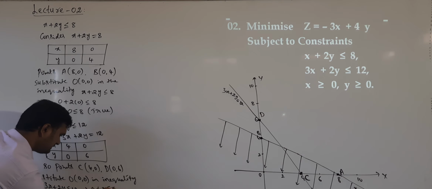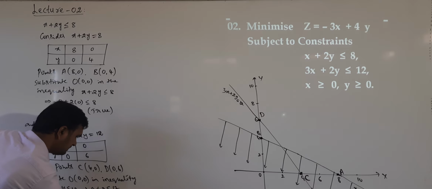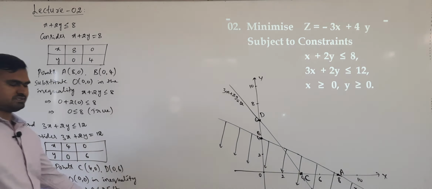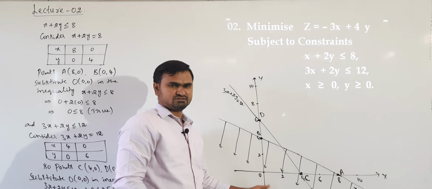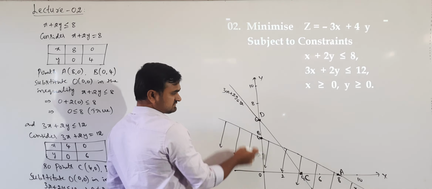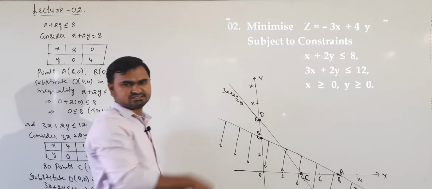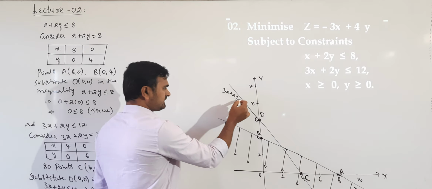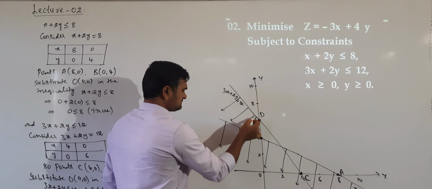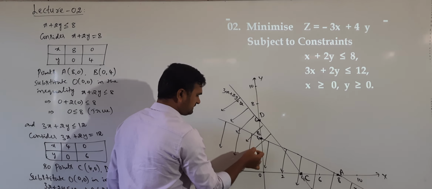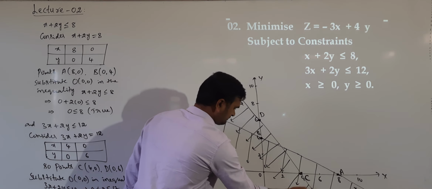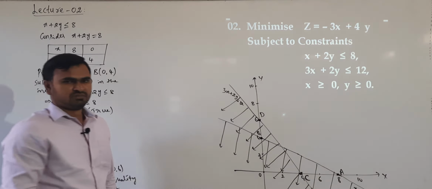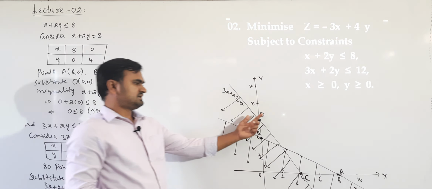So 0 plus 0 less than or equal to 12, 0 less than or equal to 12. It is also true. It is true means origin lies again in the solution region. So where origin lies for the second line, it lies below the line. So again below the line is required. So shade the part which is below this second line. So these are the 2 inequalities we are having.